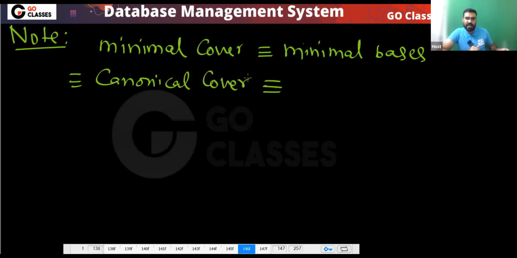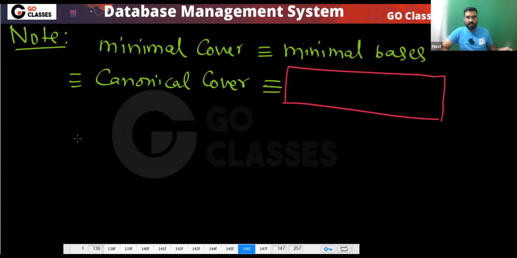Remember, these things can confuse you because minimal does not mean here the minimum number of FDs. Minimal cover does not mean minimum number of FDs. So the fourth word is actually the correct word. What is the fourth word? That is irreducible cover, or I can say irreducible set of FDs.